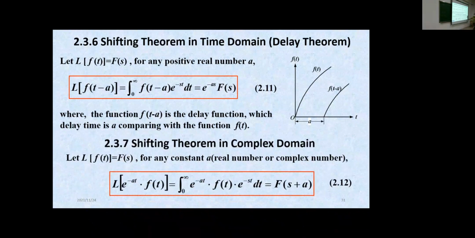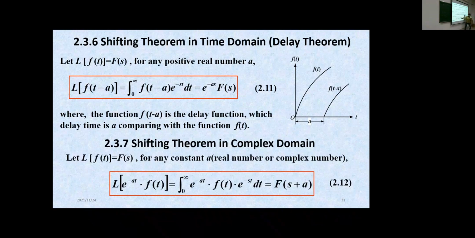So how about if this is no longer in the time domain, but we have a function e to the power of negative at times f(t) in the time domain? How about this one? This one we call the shifting theorem in the complex domain.